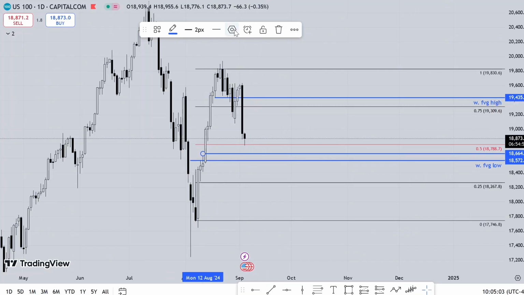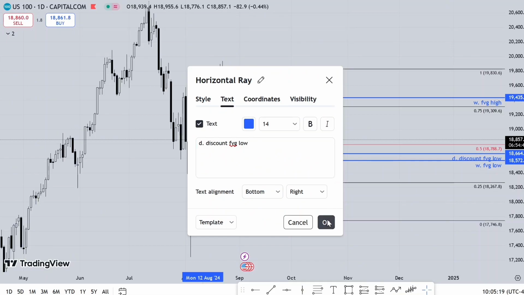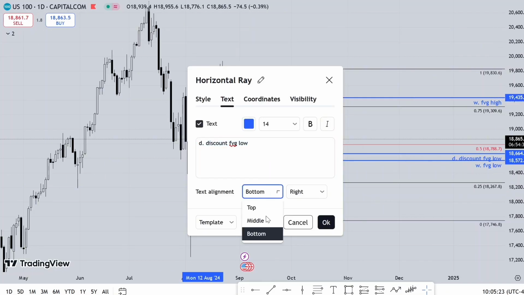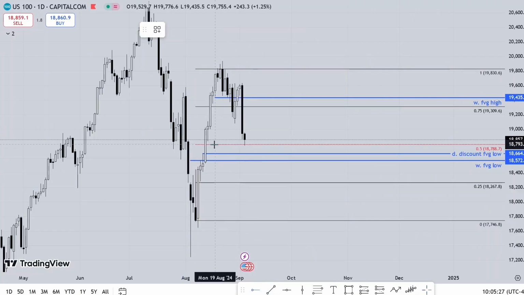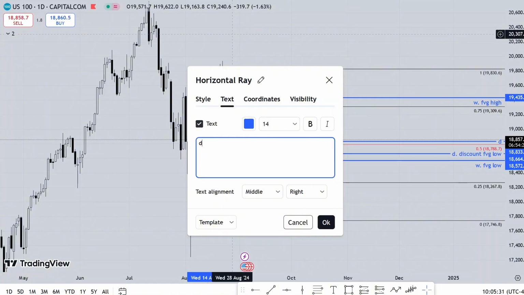So you call this daily discount, and just above it you have the daily.